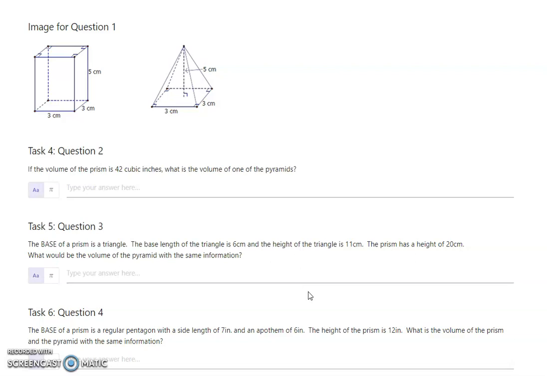So one pyramid will have a volume that is 1/3 of the 42, or taking 42 divided by 3, whichever one works best for you. And so that means each of the pyramids will have a volume of 14 cubic inches.